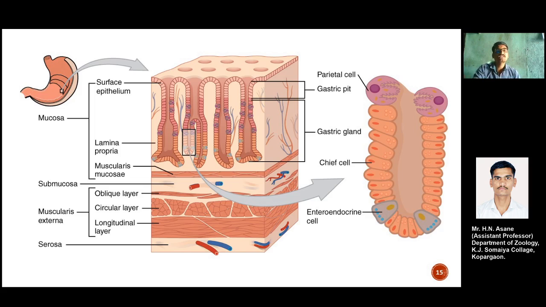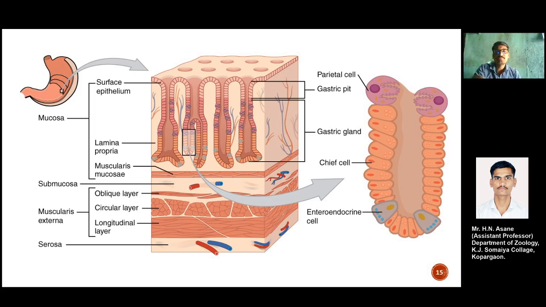As you can see, the two layers, as I said, the lamina propria and muscularis mucosae. The muscularis mucosae layer comprises connective tissue as well as muscle fibers.